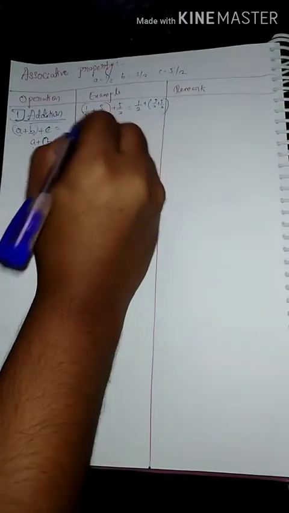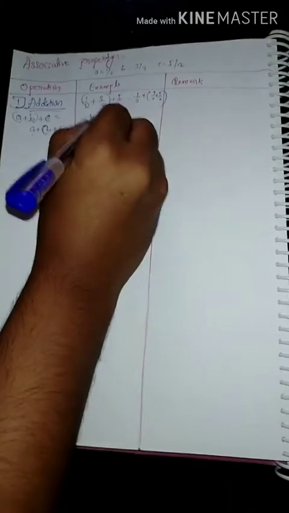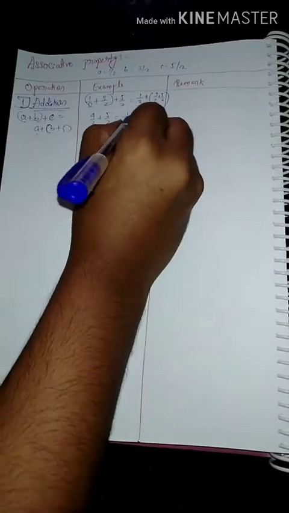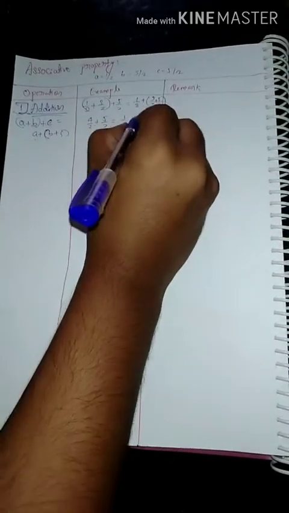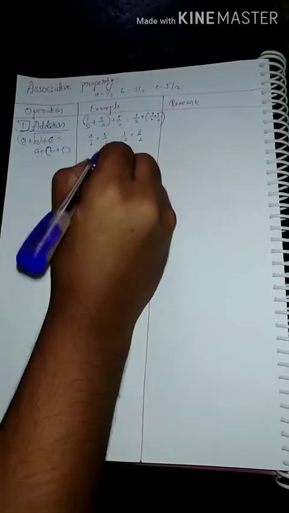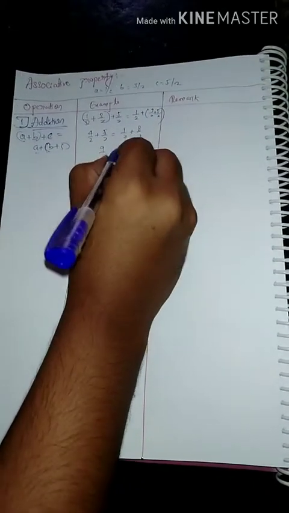So 1 by 2 plus 3 by 2 is 4 by 2 plus 5 by 2. And 1 by 2 as it is, 3 by 2 plus 5 by 2 is 8 by 2. So 5 plus 4, 9 by 2 and 8 plus 1, 9 by 2.